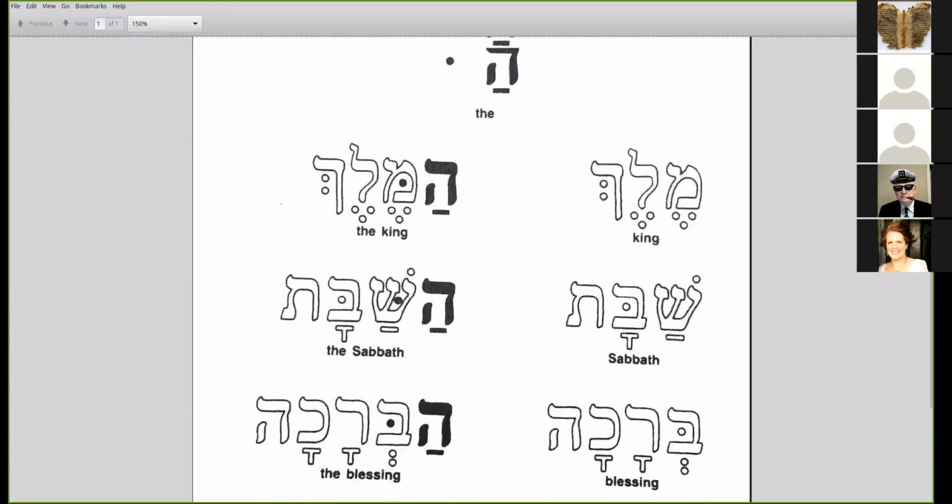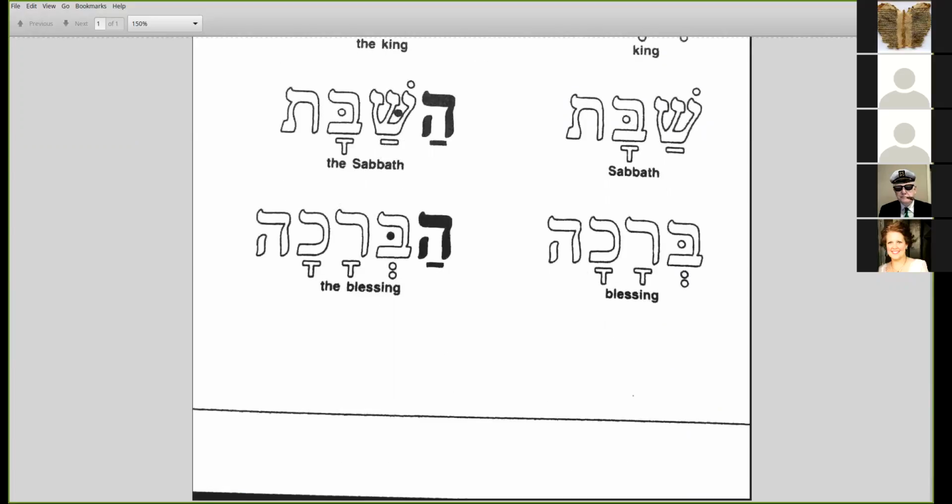Okay, move down a little bit here. Well, let's look at another couple of them here. All right, so we have Shabbat. Notice in the sheen, there's no dagesh in there. But if you add ha to it, suddenly a dagesh shows up in the next letter, which in this case would be sheen. Ha Shabbat. Okay? Move down a little more.